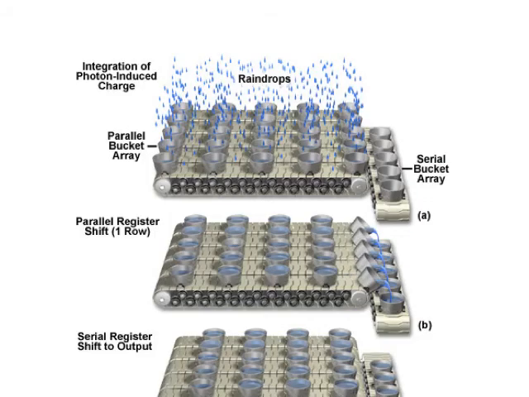This diagram represents a nice analogy. Raindrops represent the photons of light collecting in these buckets. There they are. And the serial bucket array, which is on a turntable, collects arrays as it moves down. So you'd have a parallel register shift. The first row is collected. So this is moving along. The first is collected.